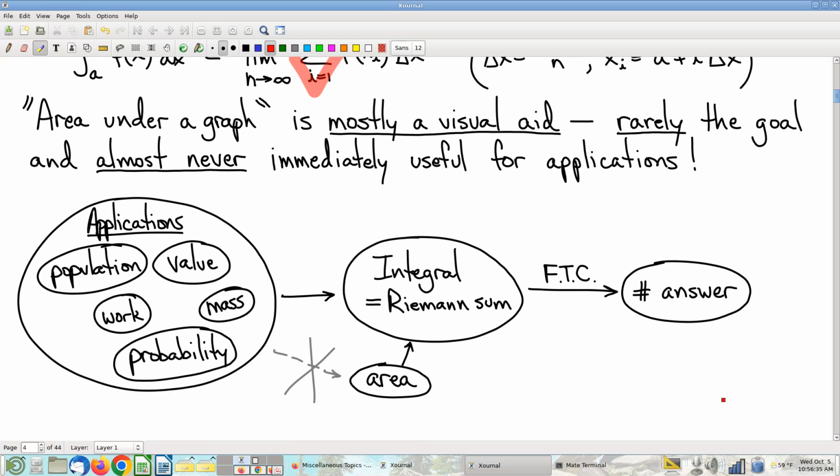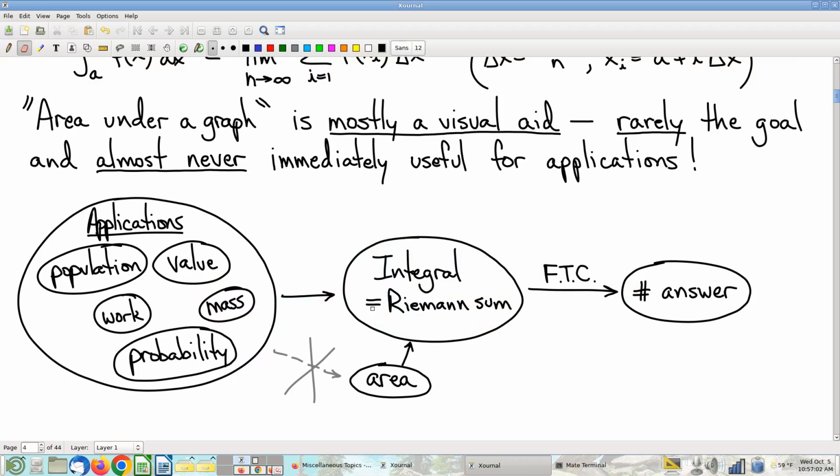Why would I make this argument, right? When instead, much better, I could just make this argument. I don't need area. You don't need area at all to compute the mass of a rod. Mass is computed with a Riemann sum, aka an integral, and we compute integrals with the fundamental theorem. Done. No area. Is everybody good?